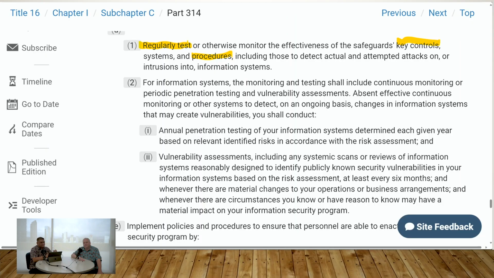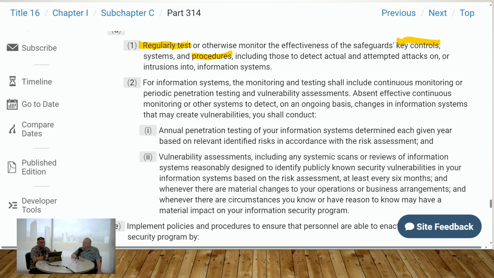Right. So it's not just about is the lock working, but it also involves questions like who has access to the keys, something like that, right? That's right. Further down in this specific requirement, they provide more details about what kind of tests or monitoring is required on the information systems itself.